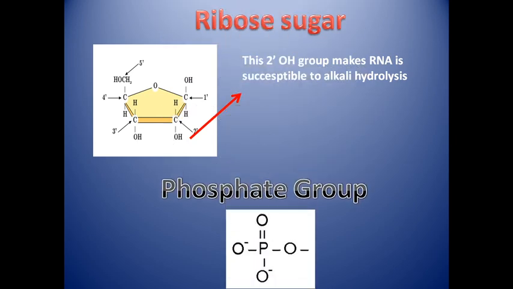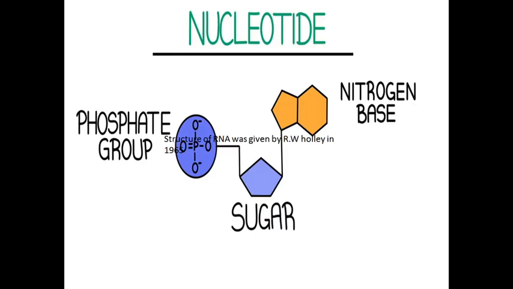And lastly we have a phosphate group. So a ribonucleotide in RNA will look like this: we have a nitrogenous base here. Here we have shown a purine; it can be a pyrimidine as well.